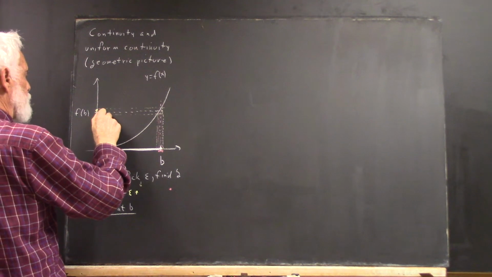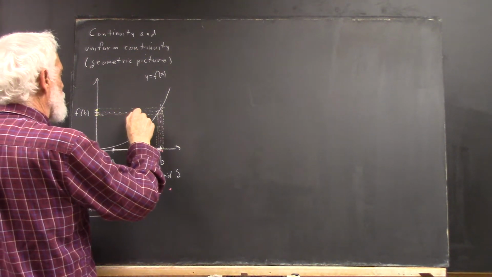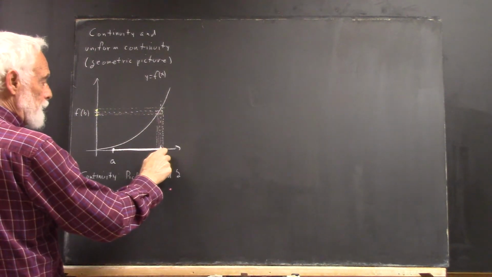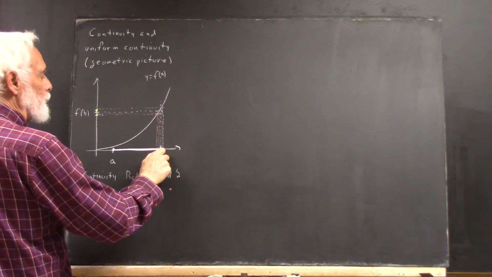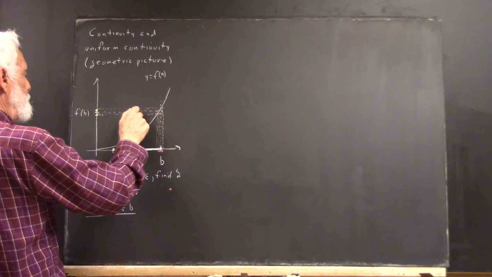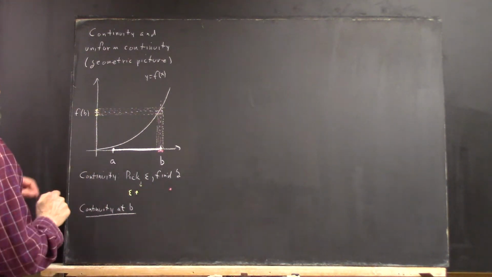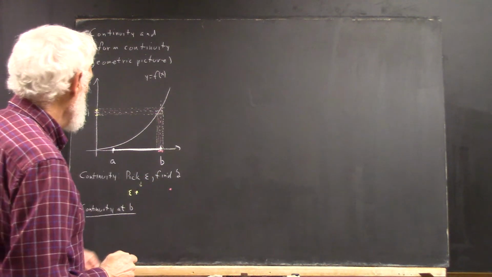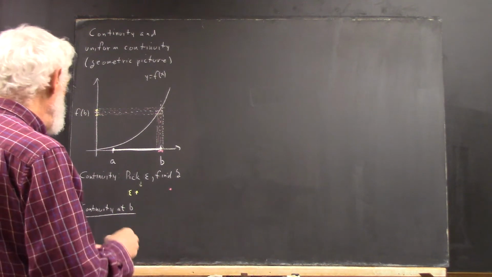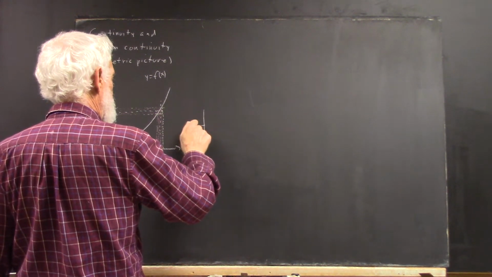Now I can project this over here. This point corresponds to the value at b minus delta, and I can project this point. It corresponds to the value at b plus delta. And I can kind of then magnify my picture. Here's my f of b.